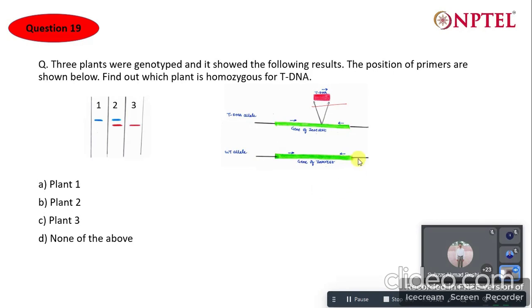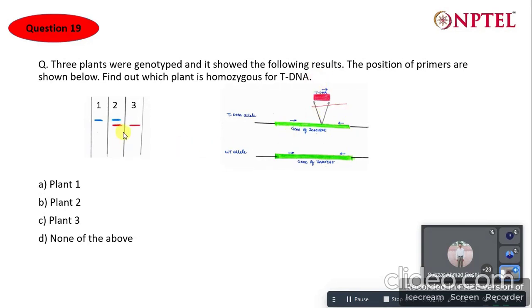Coming back to the gel image, plant 1 has only the larger PCR product, which means it has only the wild type allele. Plant 2 has both band sizes, so one chromosome has the wild type allele and the other has the tDNA inserted, which is why it shows a smaller band as well.